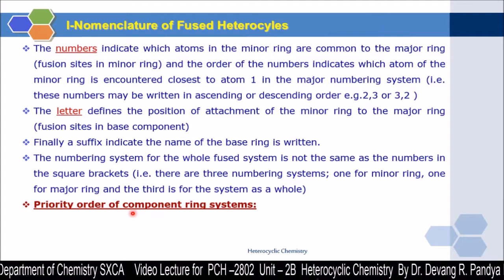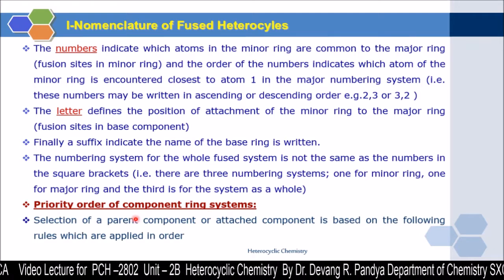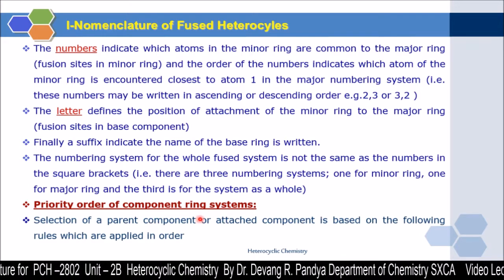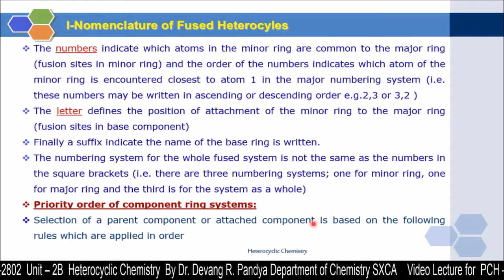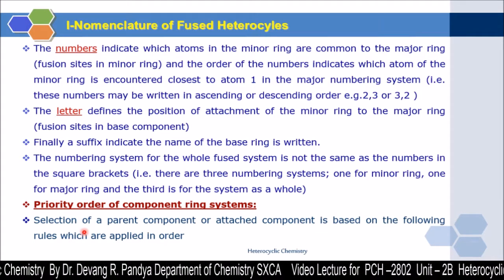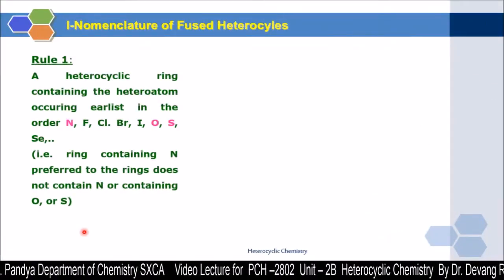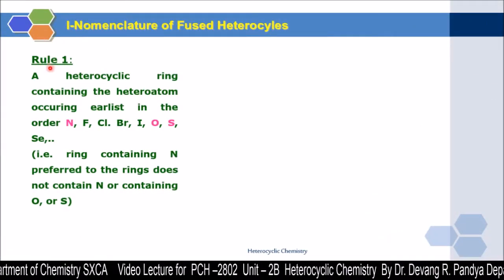The priority order of the component ring systems. Selection of a parent component or attached component is based on rules which are applied in order. Here there is rule number 1.